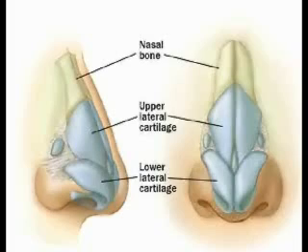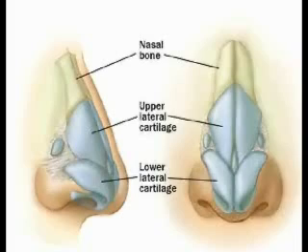The majority of the problems encountered in revision rhinoplasty are related to various types of distortion of the nasal tip. The anatomy of the nasal tip is presented in detail on a video blog called About Your Nose.